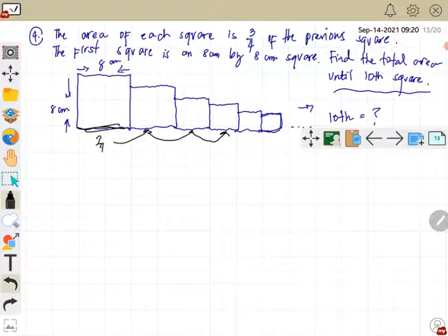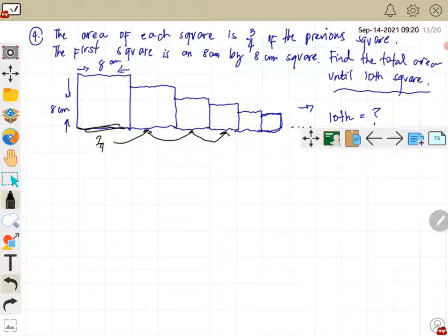The question is, if the pattern continues, and the first square is an 8 by 8 centimeter square, with each succeeding square 3/4 of the previous square, find the total area until the 10th square.